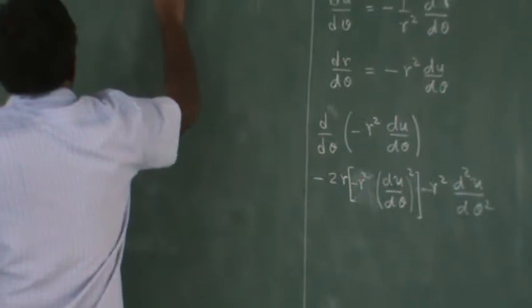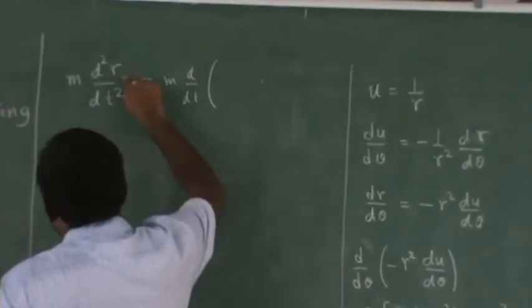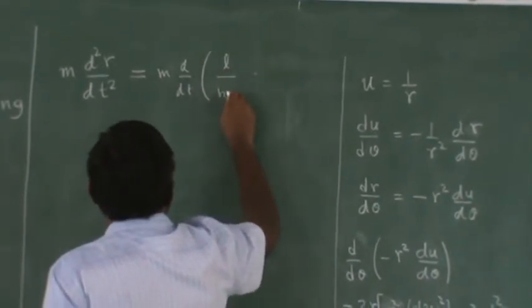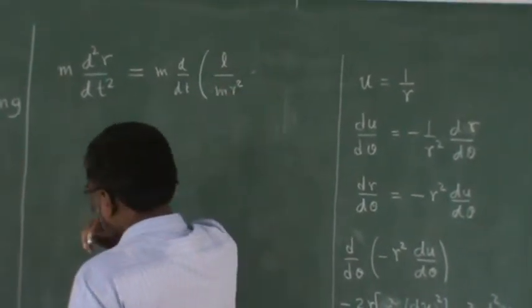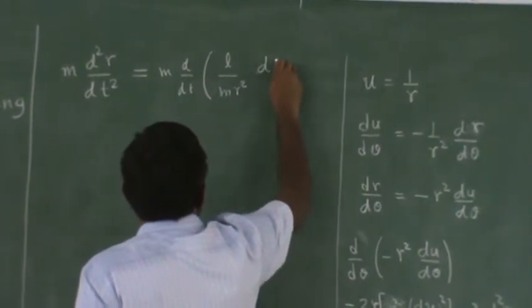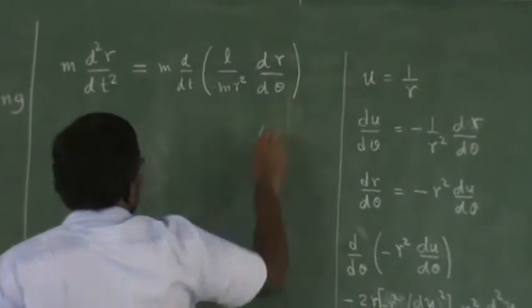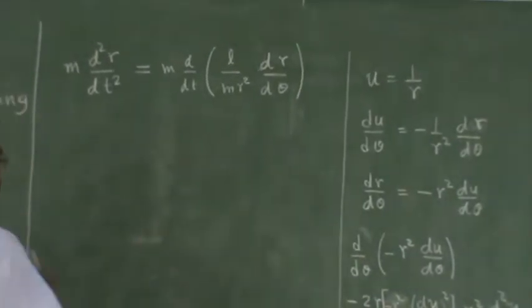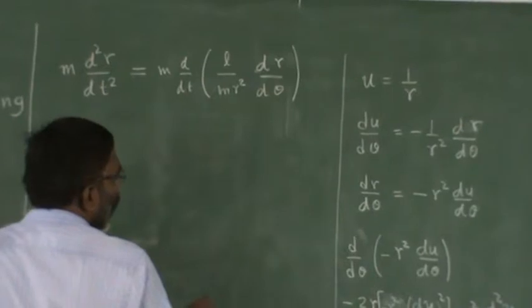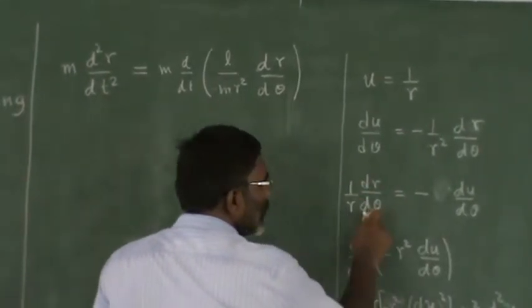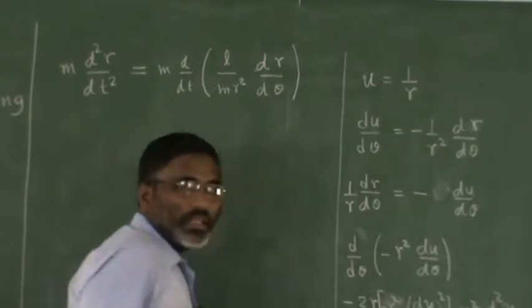d by dt of dr by dt, that is L prime m r square into dr by dt. Okay, so this 1 by r square into dr by d theta is minus du by dt.